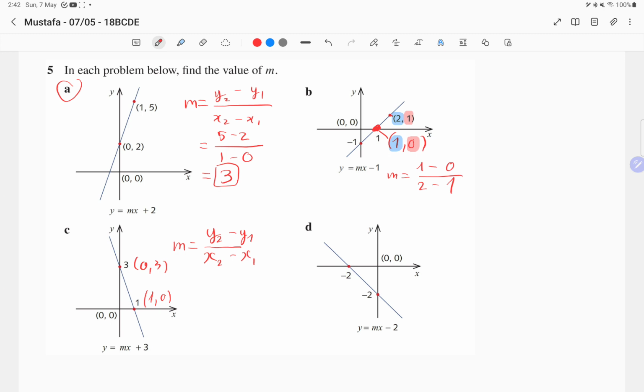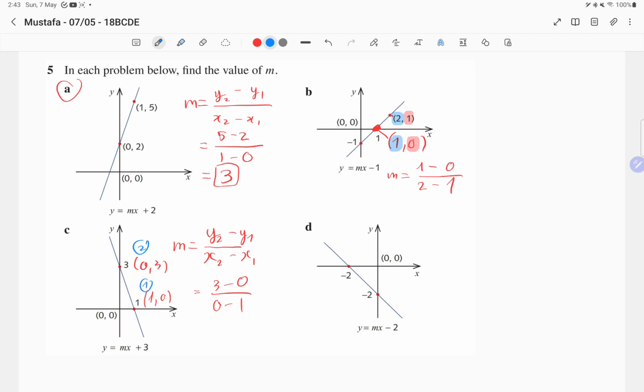Alright, what are the values? For y, we have 3 minus 0 over 0 minus 1. So you're choosing this point to be point 2, and this is point 1, which is okay.